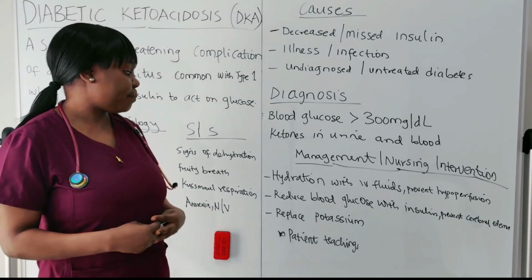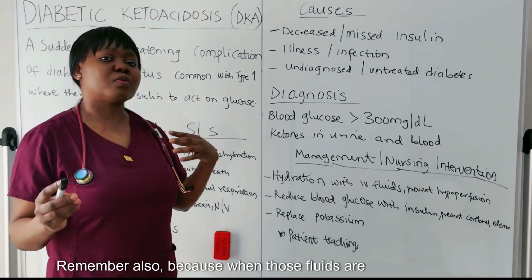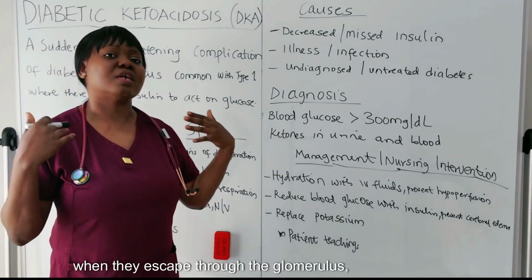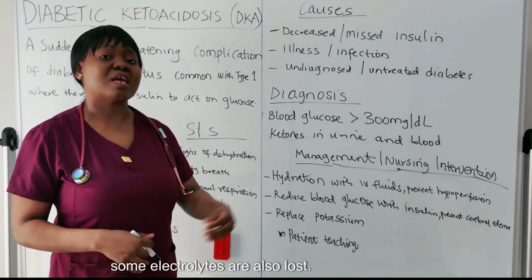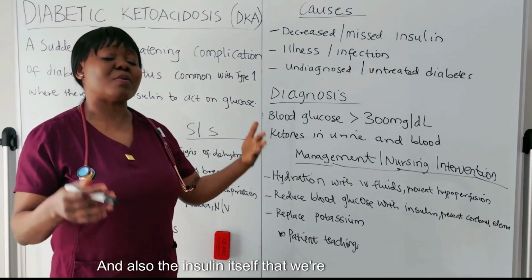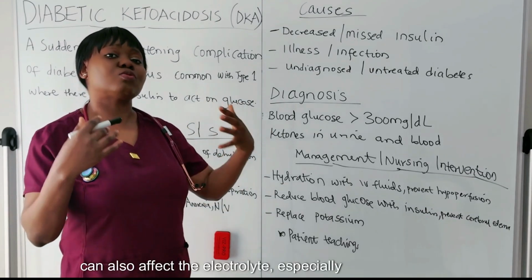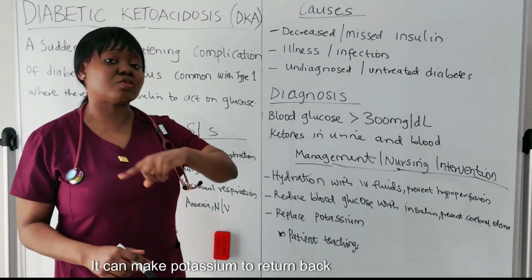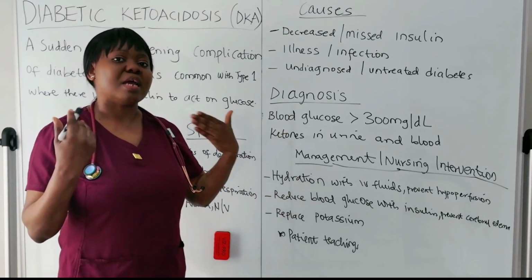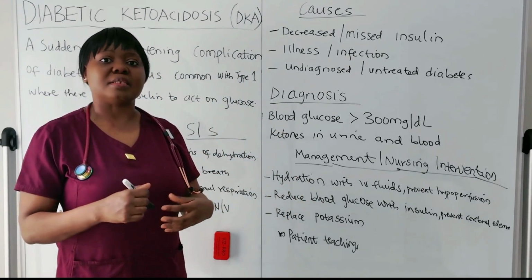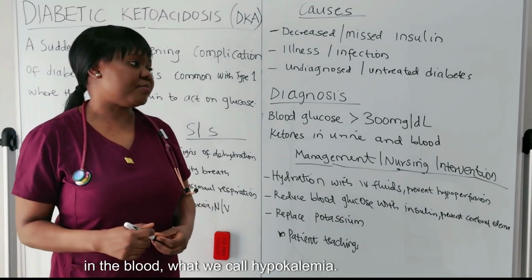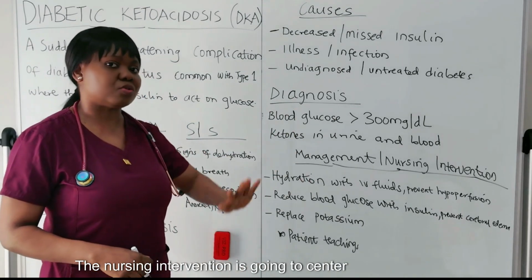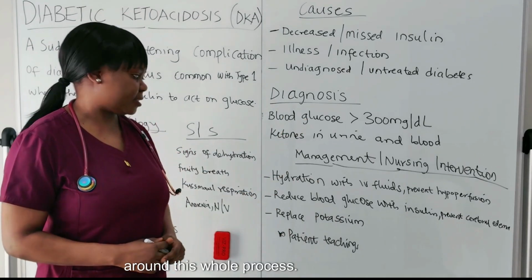Remember also, when those fluids escape through the glomerulus, some electrolytes are also lost, and the insulin itself that we use to reduce glucose can also affect the electrolytes, especially potassium. It can make potassium return back to the cell, and that could reduce potassium in the blood, what we call hypokalemia. So the management, the nursing intervention, is going to center around this whole process.